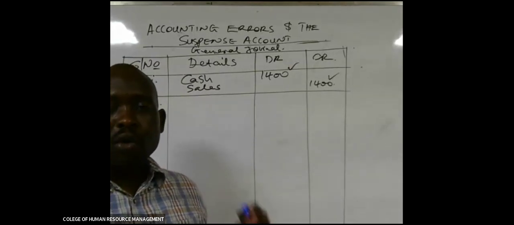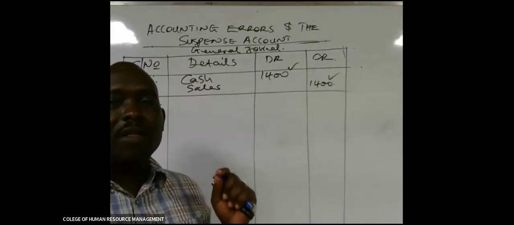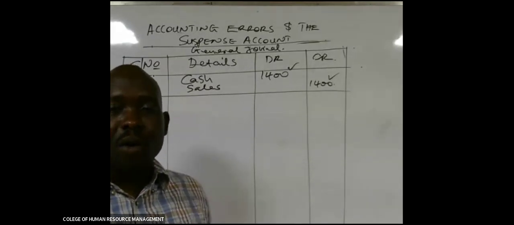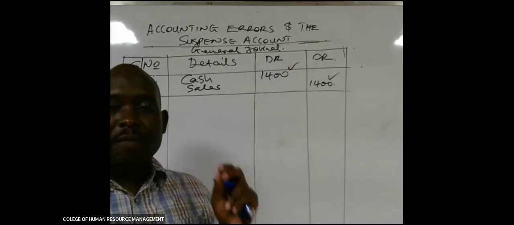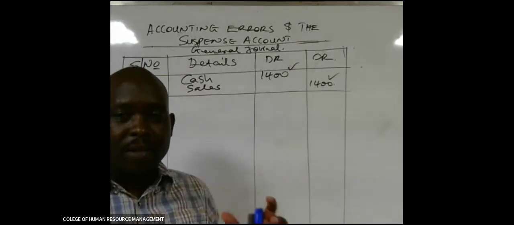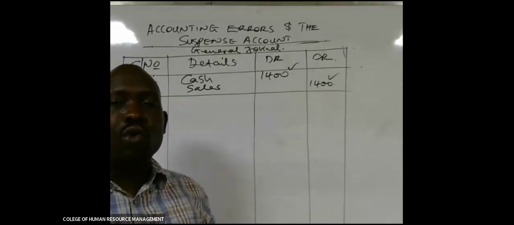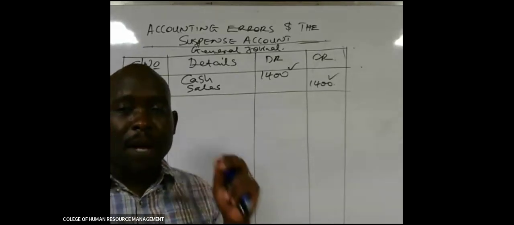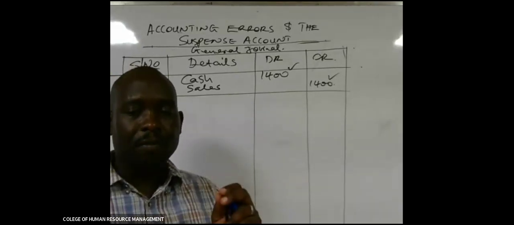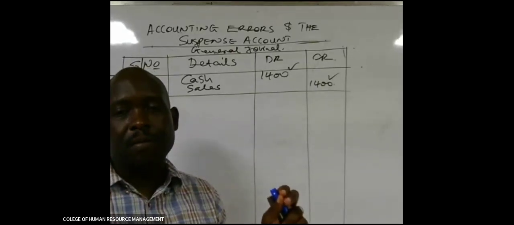The errors of omission, commission, principle, and so on, they don't require a suspense account, because they affect the debit and the credit equally. So as you correct them, you will have an account to debit and another account to credit, so you don't need suspense. Suspense only comes in when we are handling errors affecting the trial balance.